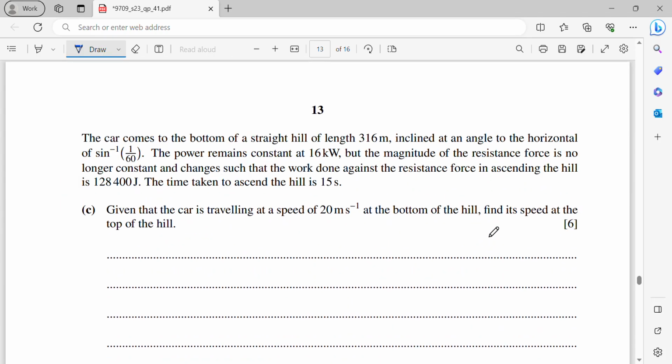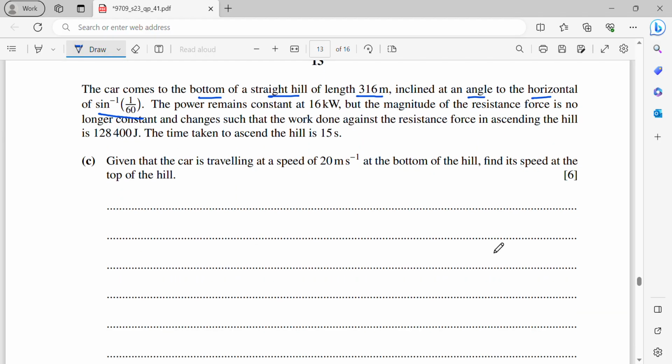Okay, now the car comes to the bottom of a straight hill of length 316 meters, inclined at an angle to the horizontal of arc sine 1/60. Okay, let's say here. The car is here, bottom.